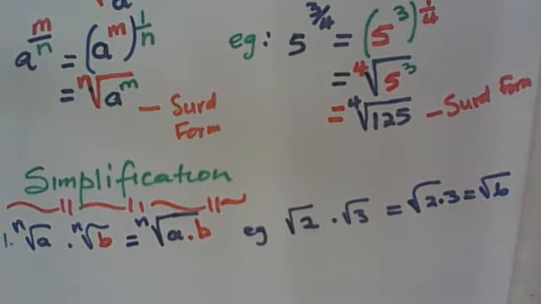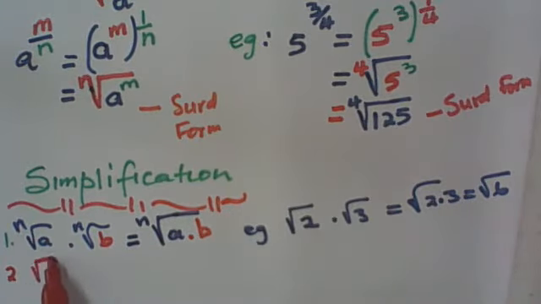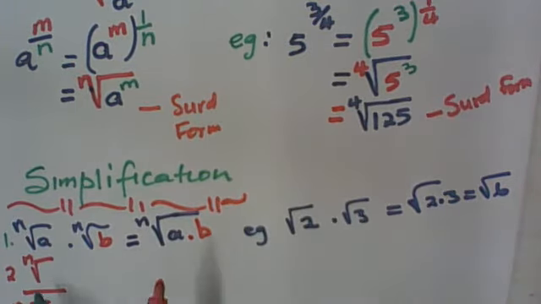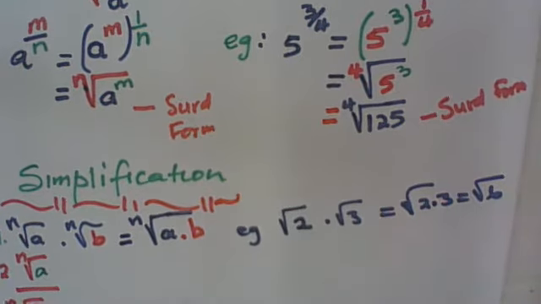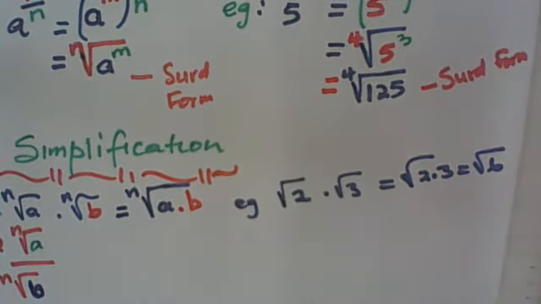Now, this is for multiplication. What is the inverse operation of multiplication? That is division. So for division, we have the nth root of A divided by the nth root of B. So what do we do?